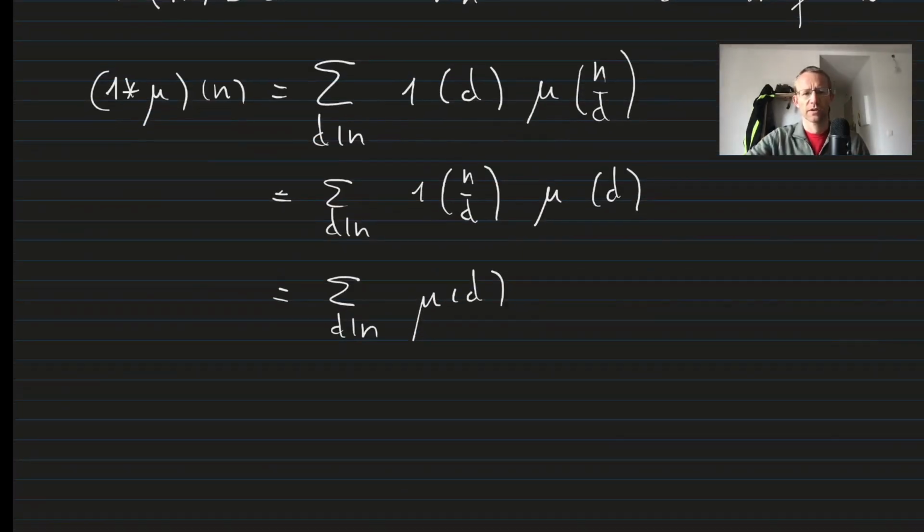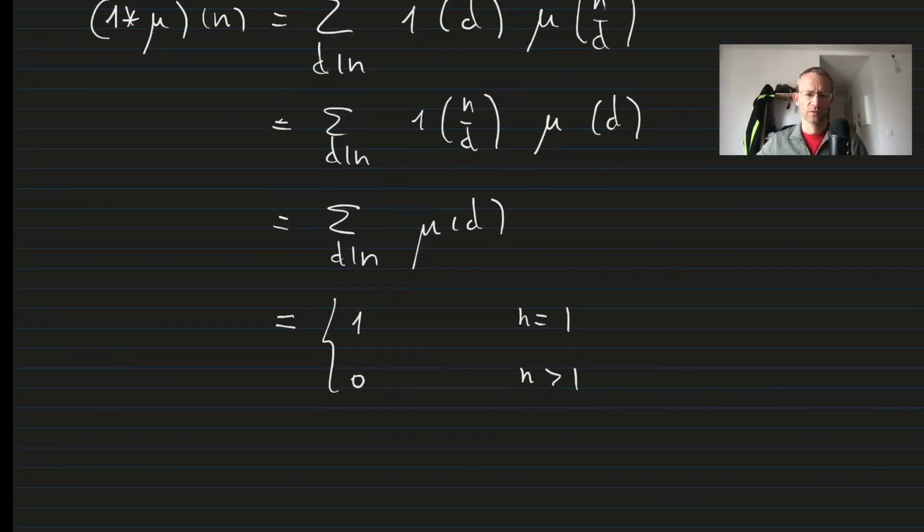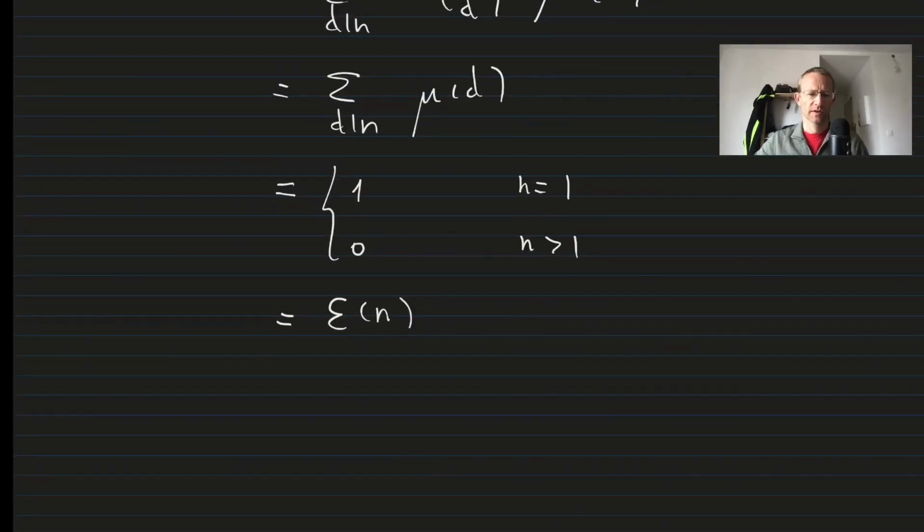And then by a property of the Möbius function mu, this is equal to 1 if n is 1, and it is equal to 0 if n is bigger than 1. And therefore, this is nothing but the function epsilon of n. So we summarize: by a property of the Möbius function mu, 1 star mu is epsilon.